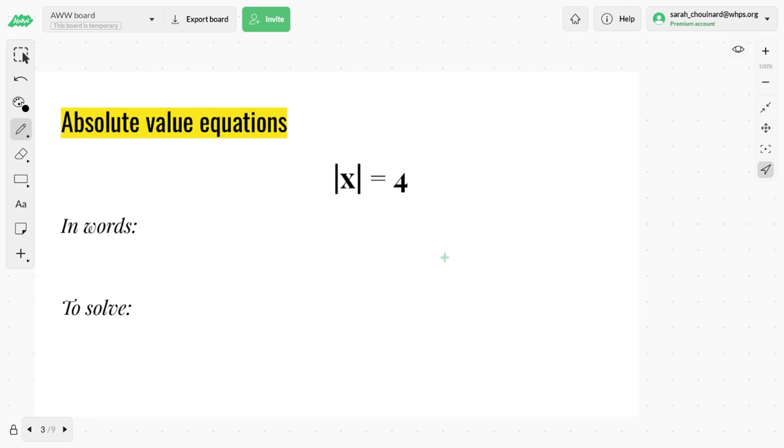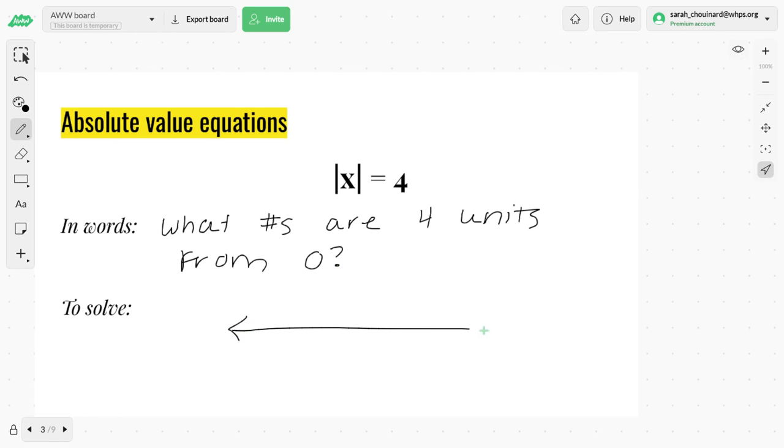So when we get into equations, when we say the absolute value of x equals 4, we want to know what numbers are 4 units from 0. To solve it, if we take a look at our number line, we count in one direction and the other direction to see how many numbers are 4 units from 0.